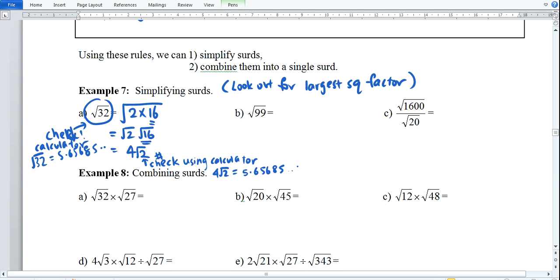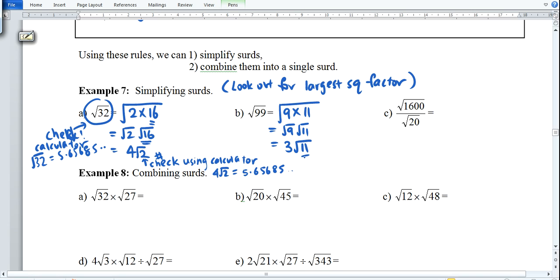Now let's move on to the next question and see whether you have understood how to simplify a surd. For square root 99, 99's largest square factor would be 9. If I split it up, square root 9 can be written as 3, and then you have square root 11.